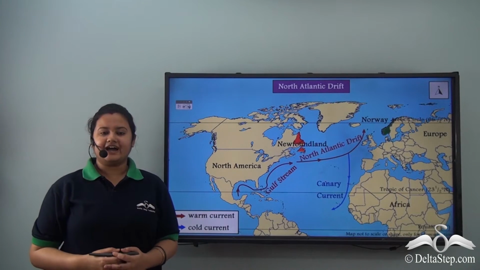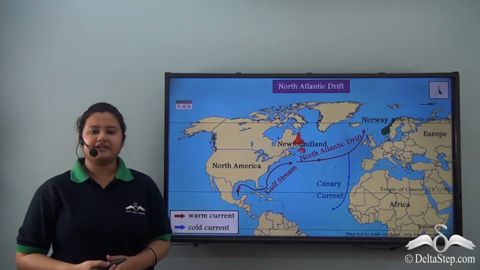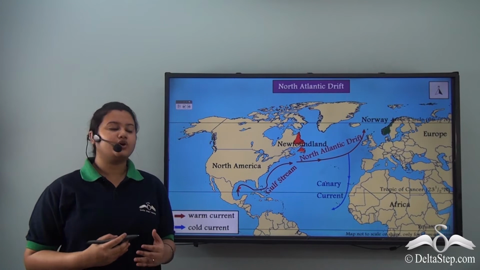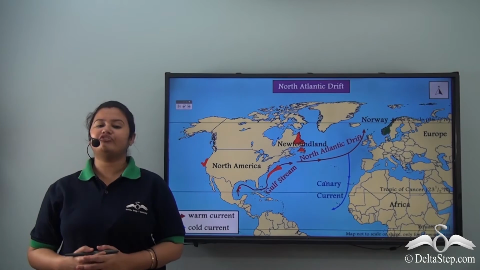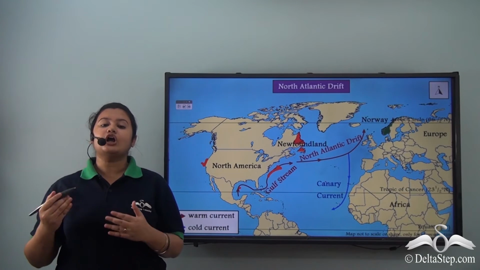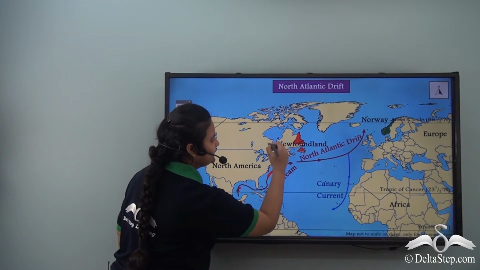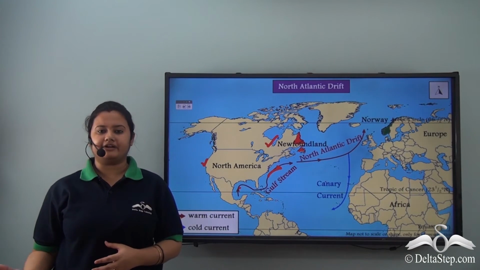We studied that Gulfstream originates here in the Gulf of Mexico. Then it flows along the northeastern coast of North America like this. Now, when the Gulfstream reaches the northeastern tip of North America, that is here in the Newfoundland region, it gives birth to another warm current.